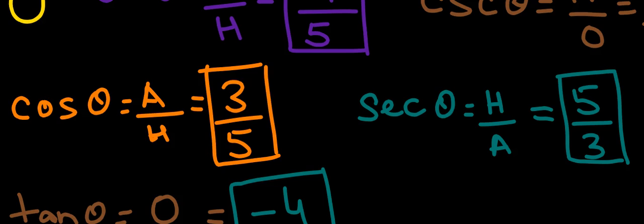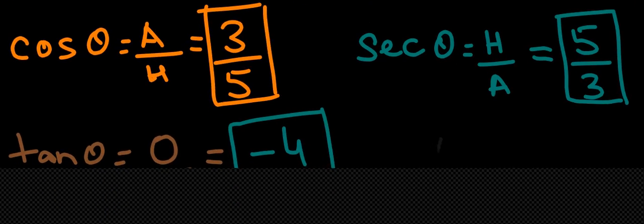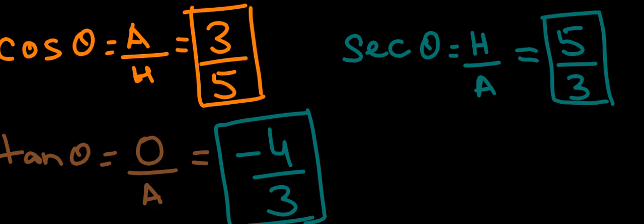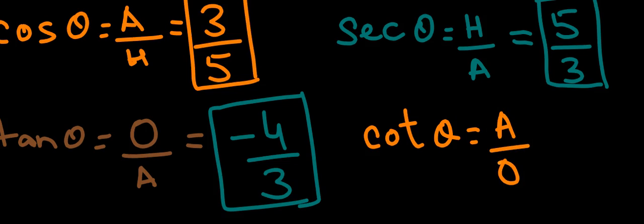And finally, we are going to find the reciprocal of tan theta, or tangent theta. The reciprocal of tangent theta is cot theta, or cotangent theta. That's going to be adjacent over opposite, and flip -4 over 3, that's going to be 3 over -4.